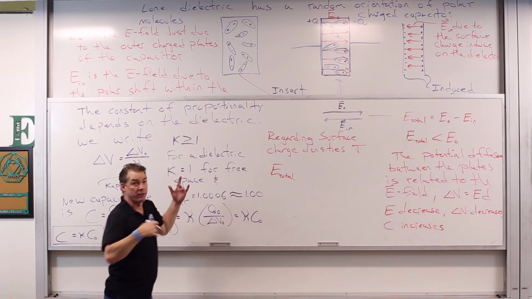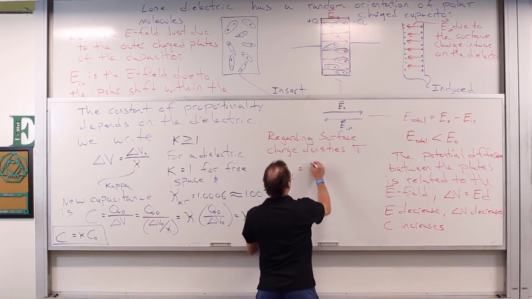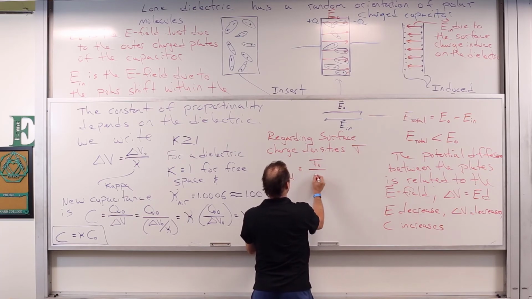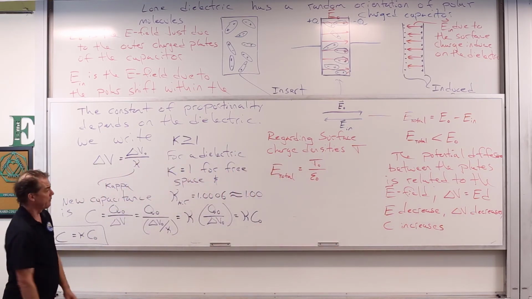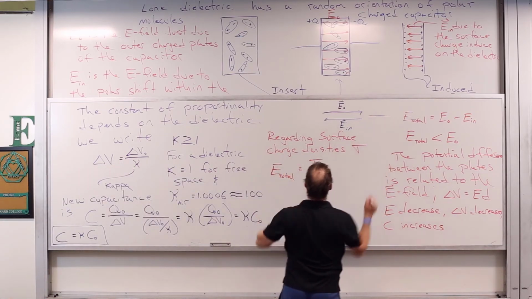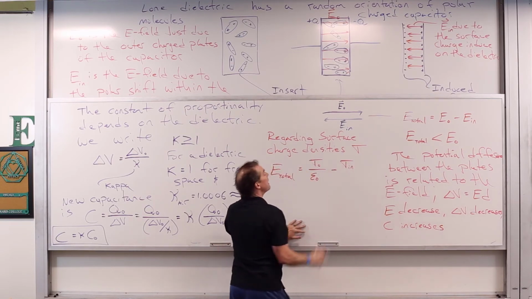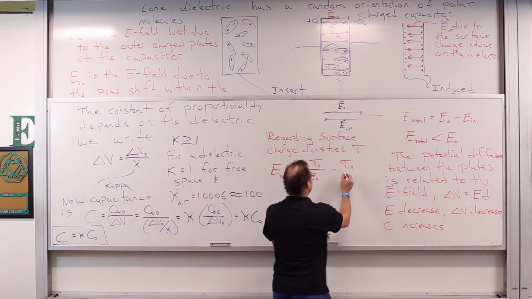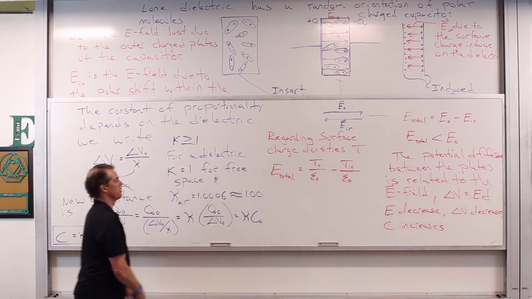The outer plates have a surface charge density, which we could call sigma 0 over epsilon 0. Epsilon 0, again, the permittivity of free space. Sigma 0 will just be surface charge density of the outer plates. And then we've got minus induced surface charge density divided by epsilon 0.